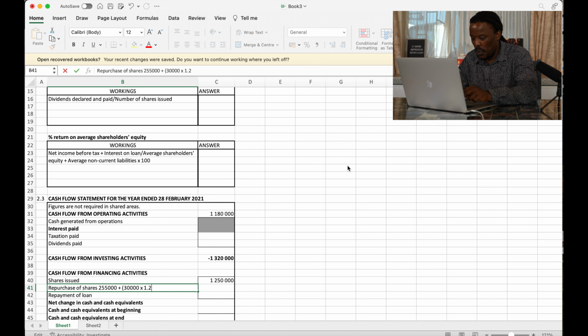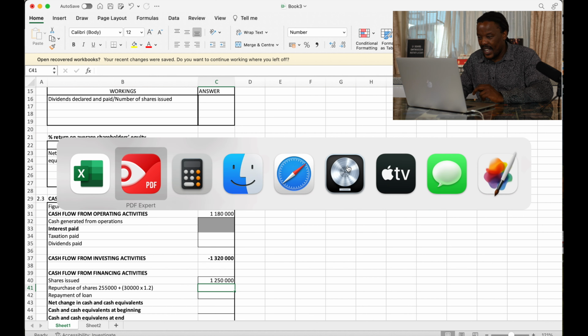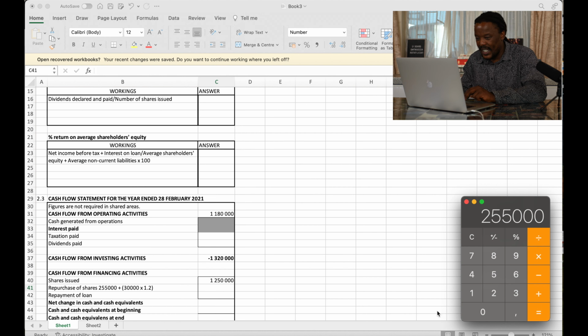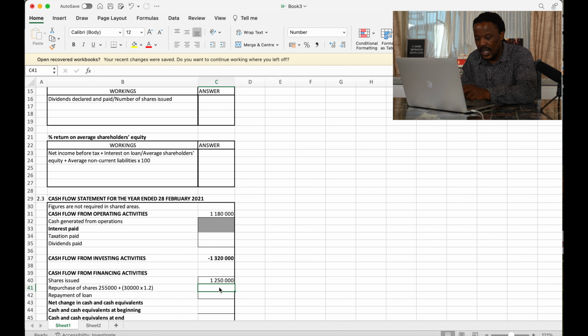Because it's a cash flow statement, actual cash flow must be recorded as and when it took place. So 255,000 plus 30,000 multiplied by 1.2, and you get 291,000, and it's always a minus, 291,000.